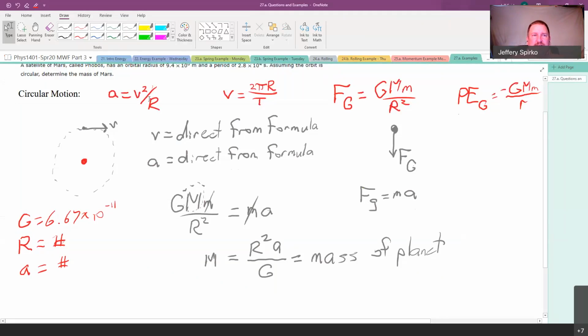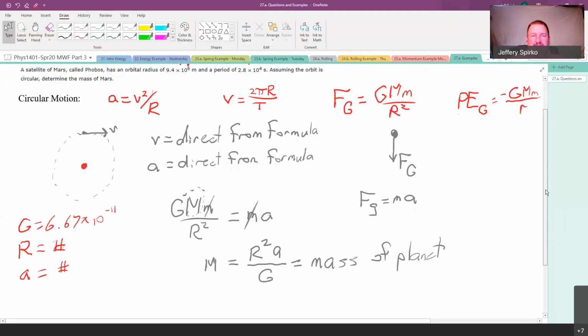So make sure that you know how to identify situations in which circular motion is important, and then that you can pick out the formulas from the equation sheet that deal with circular motion, and then look at the given information here. We were given the orbital radius, so that fits directly into all these formulas as r. We were given the period, that's this capital T. And this formula here is on the equation sheet.